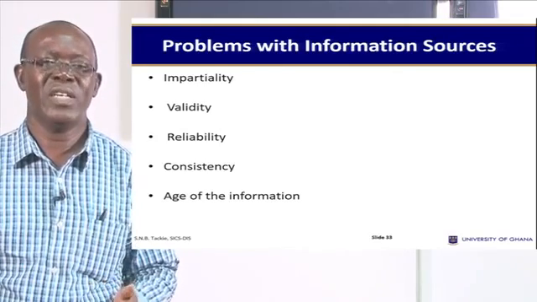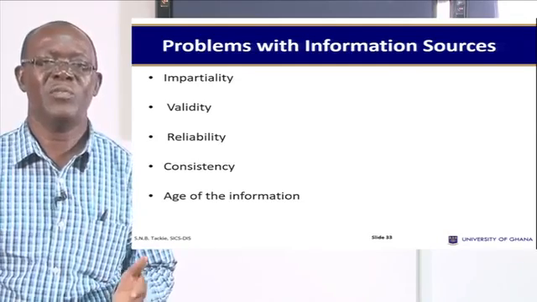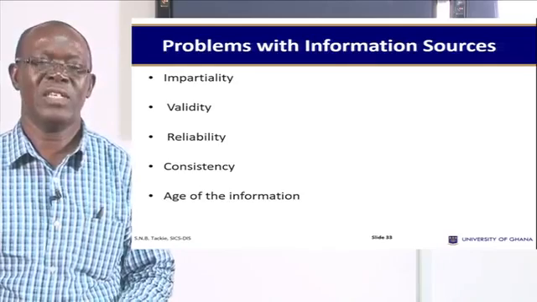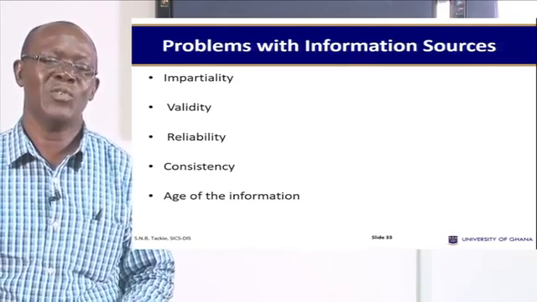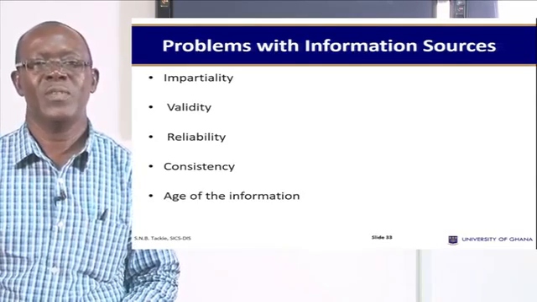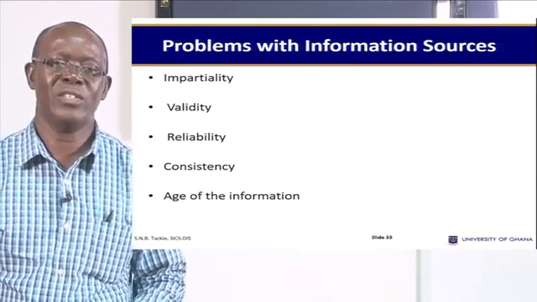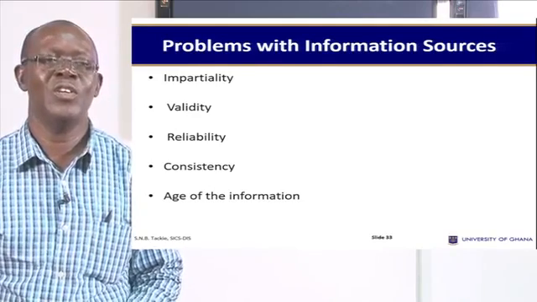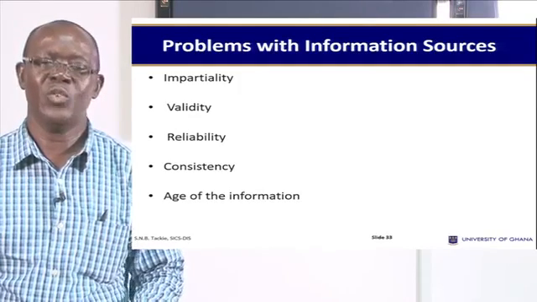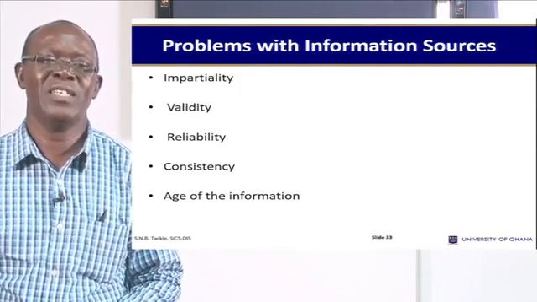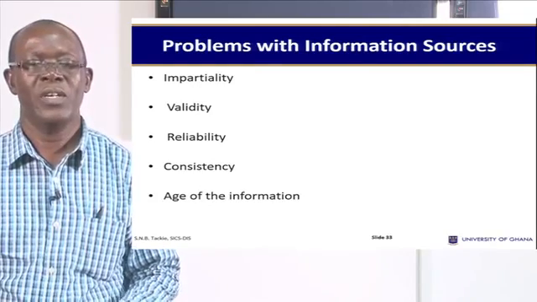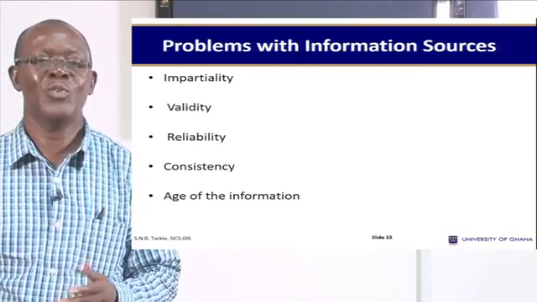And then validity of information. Information may be valid or may not be valid. For example, at the end of the course, I know you'll be asking for areas. They always do. I'm sure your predecessors will have told you by now that at the end of the course, you will ask for areas of interest for you to pinpoint your studies. If I tell you I will not give you areas, and so you go away, then you write the exam, and then later on I send information that come and let me discuss those areas with you, I am sure nobody will show up.